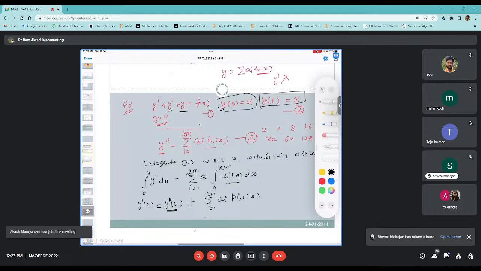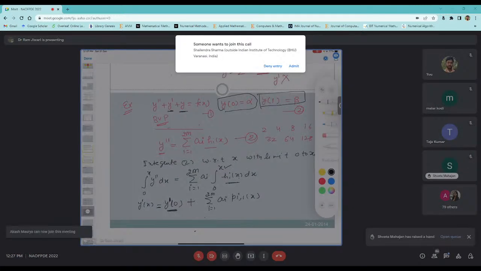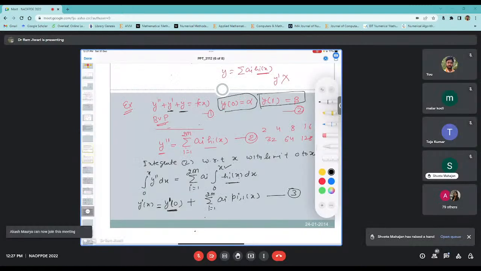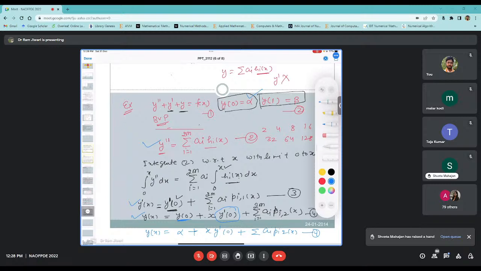When you integrate, we get y of x equal to y of 0 plus, because this is constant here, x times y dash of 0, plus the summation. So I got y dash and y double dash. Now you have to compute the unknowns y dash of 0 and y of 0. y of 0 is already given, but you have to compute this other one also, because it is unknown here.